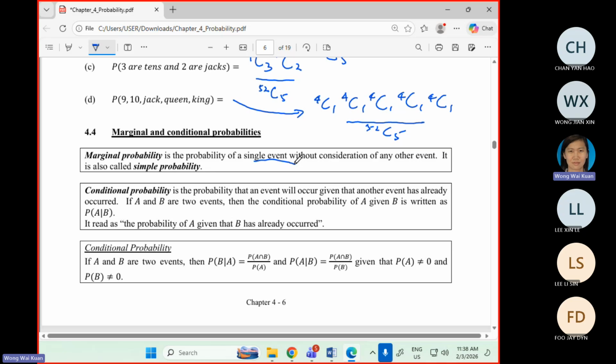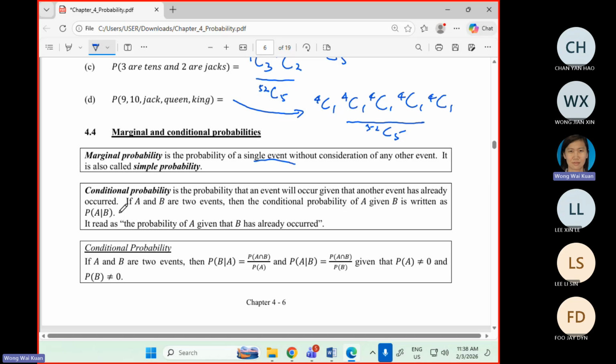Marginal we also call a simple probability. Then conditional probability is the probability that an event will occur given that another event has already occurred. This one, you need to be careful with your language.